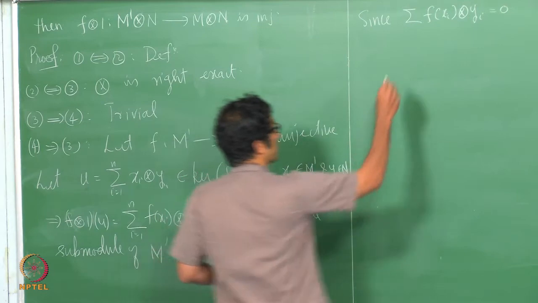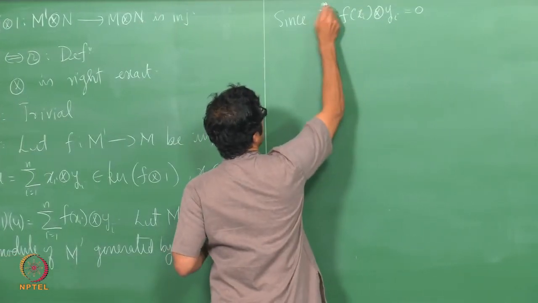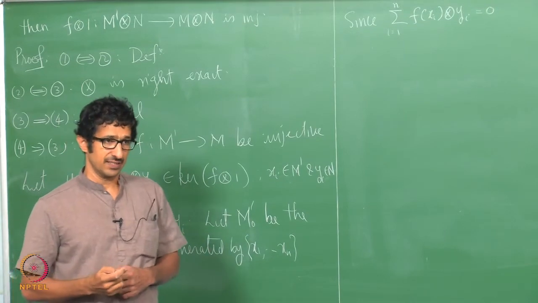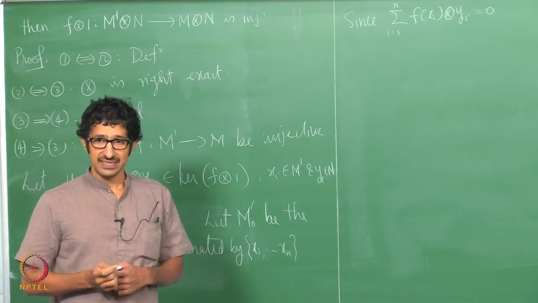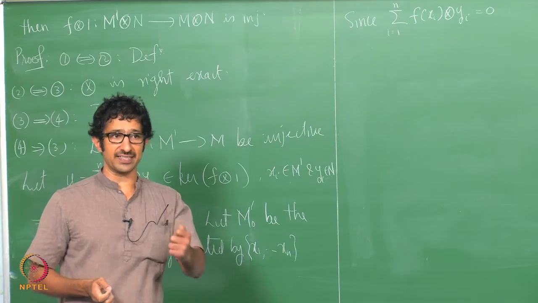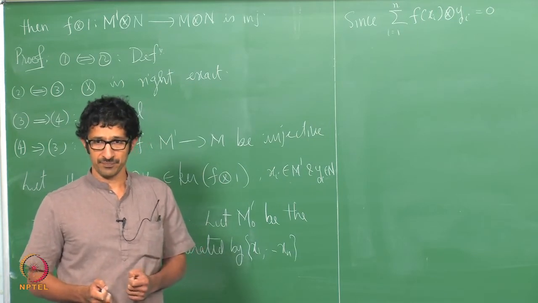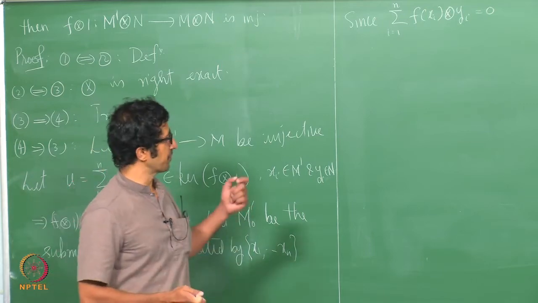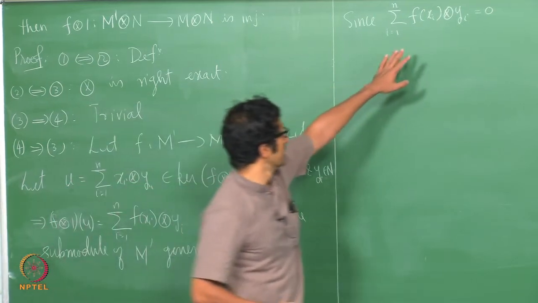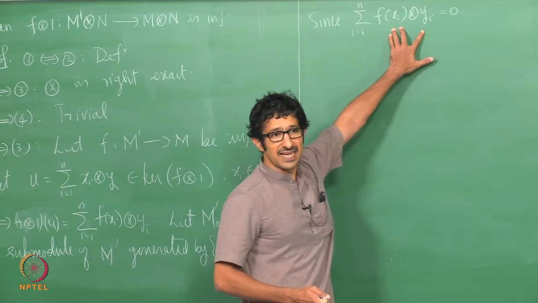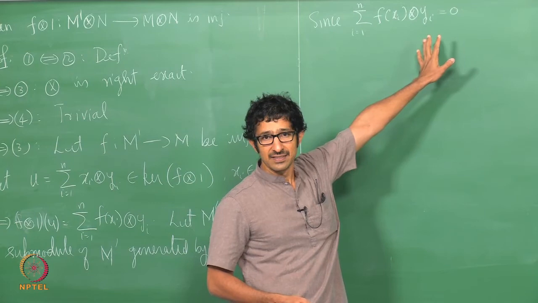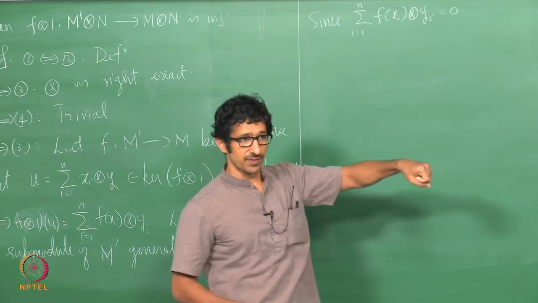We have already proved that if I have a linear combination of tensor products equal to 0, then there exists a finitely generated submodule of the corresponding modules such that the tensor product is 0 in that module.